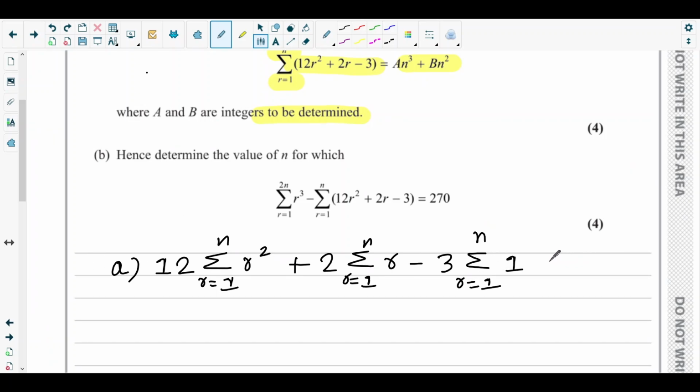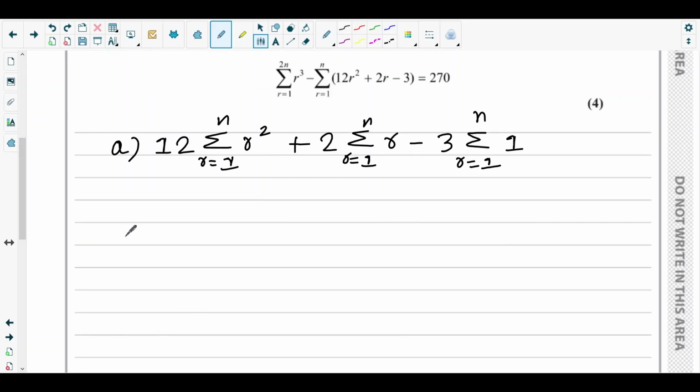So this is basically the left hand side. We don't need to write the left hand side, we will just continue to simplify this summation equation.